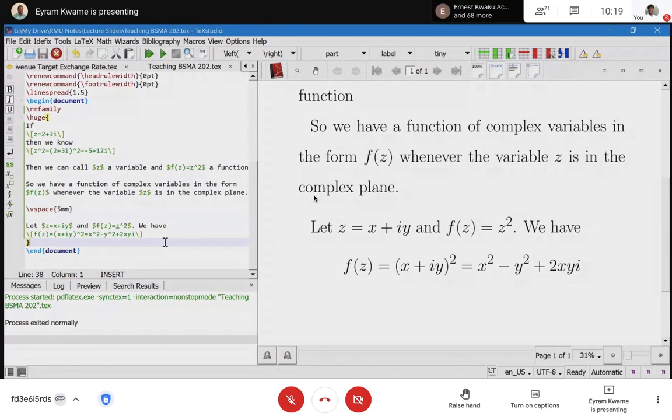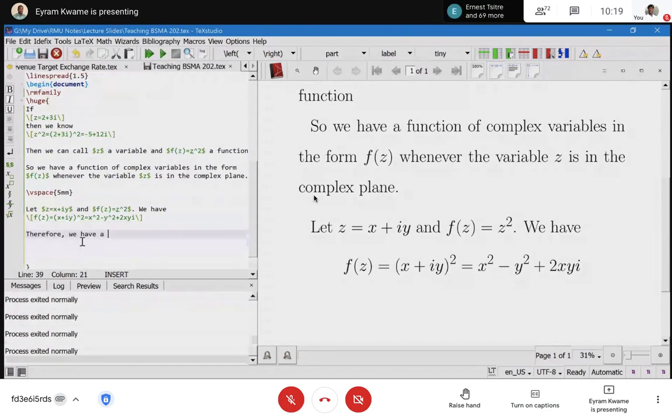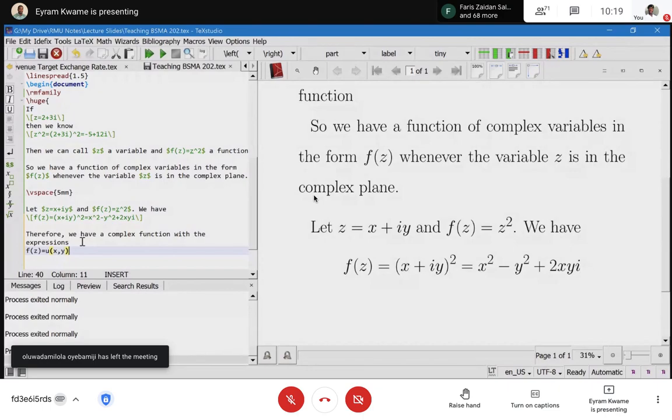Therefore, we have a complex function with the expressions f of z is equal to u of x comma y plus i v of x comma y.